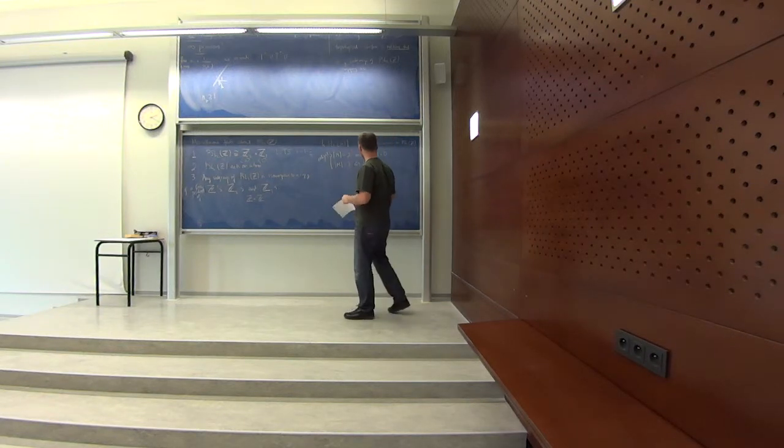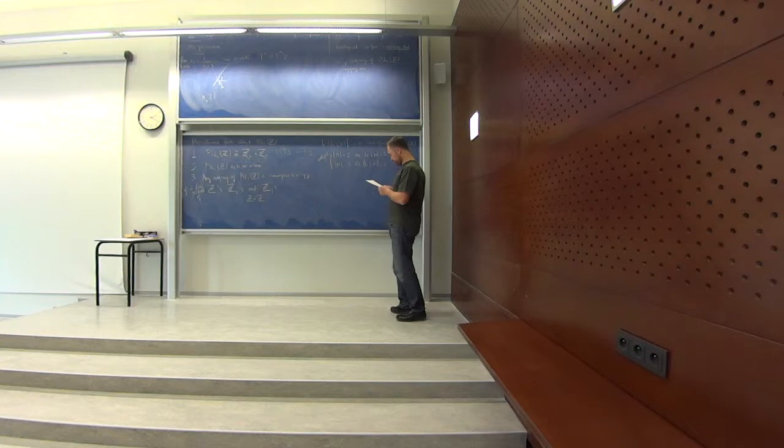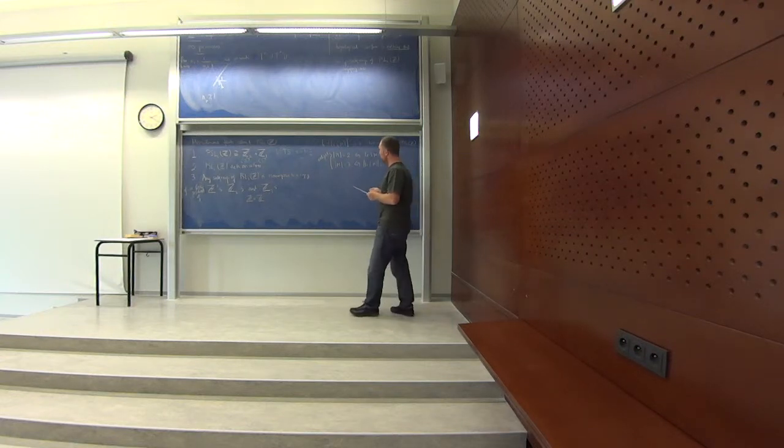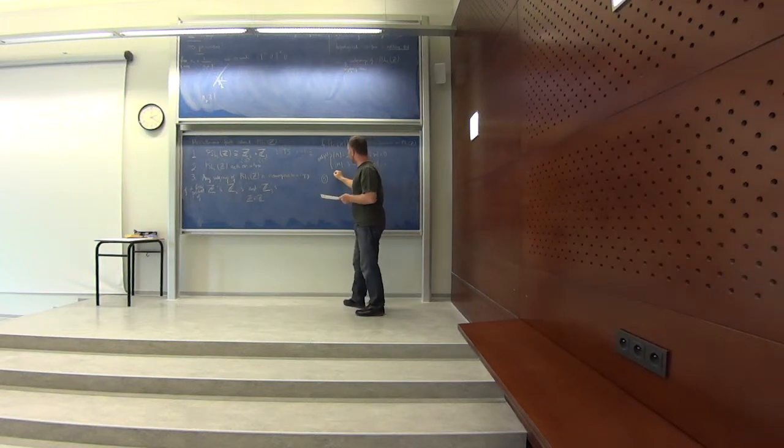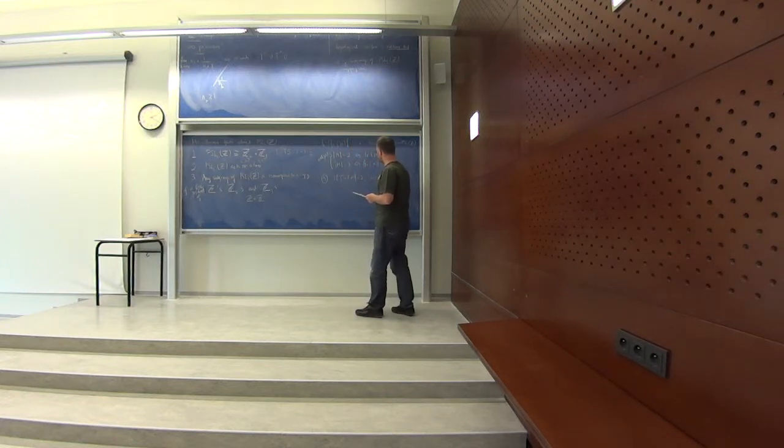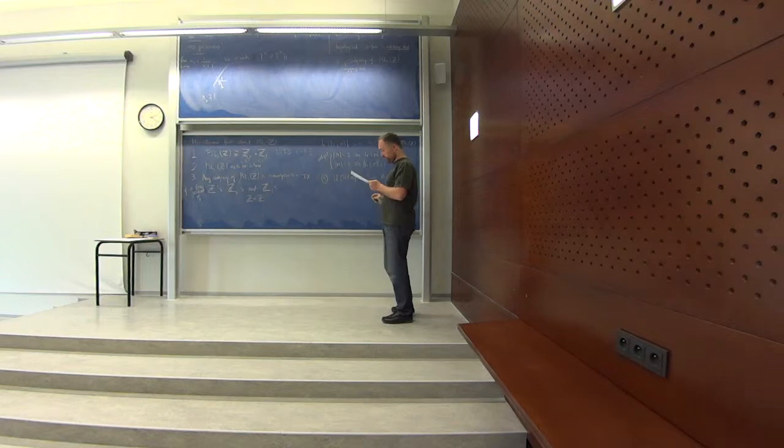Fifth, if trace M is 2, then M is called parabolic. In this case, M is of infinite order.